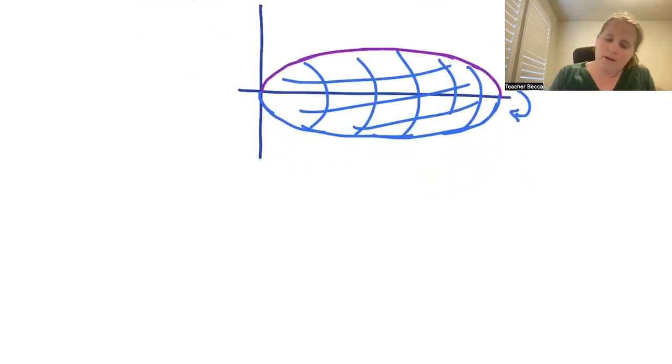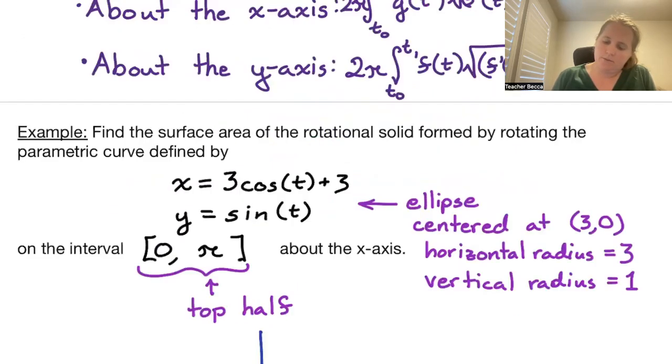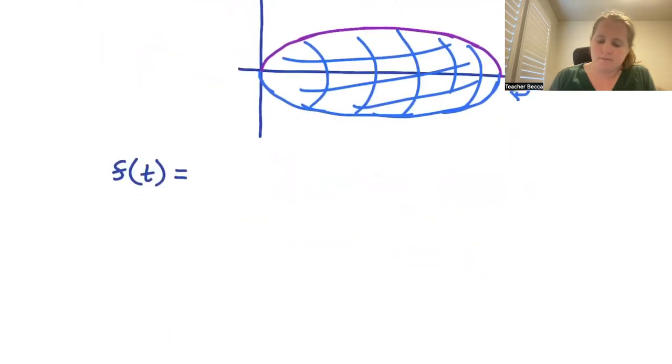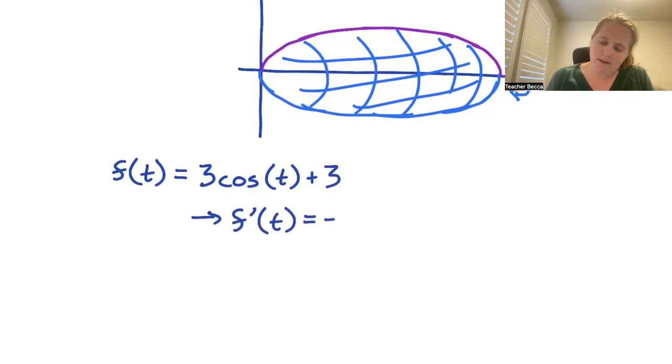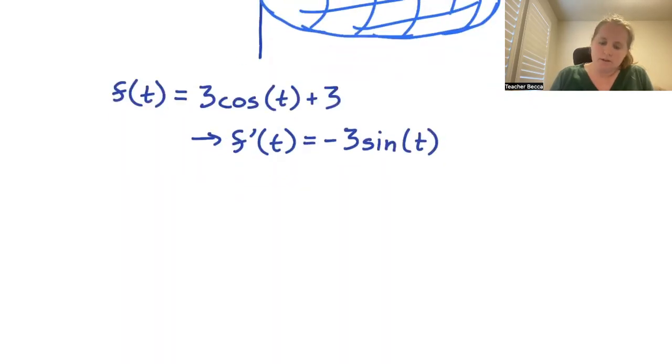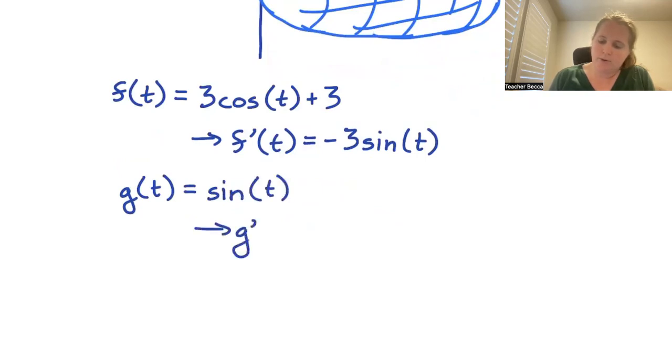So for this, we have our f of t is 3 cosine t plus 3. So we have our f prime of t is negative 3 sine of t. G of t is sine of t. That makes our g prime of t equal to cosine of t.